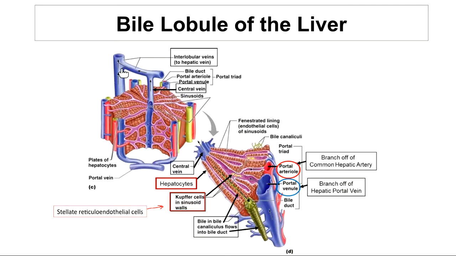So going back again, blood from the hepatic portal vein and the hepatic artery, the little blue and the red vessel here, enters into the sinusoids of the liver, the swollen vessels called sinusoids. The blood carries oxygenated nutrients to the hepatic cells. That's how they get their blood supply and their oxygen.